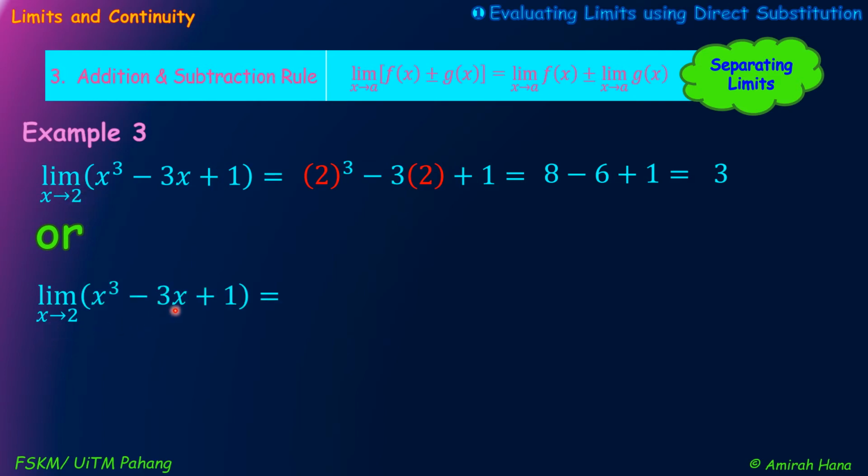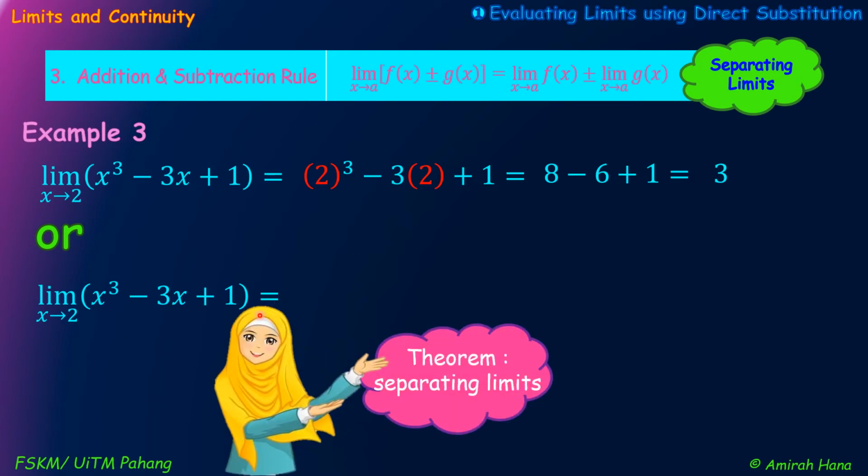Or, from the same example, we can use this theorem. Using this theorem, we separate the limits if in between is a plus or minus sign. So after we separate, we get the limit as x approaches 2 of x cubed, minus the limit as x approaches 2 of 3x, plus the limit as x approaches 2 of 1.